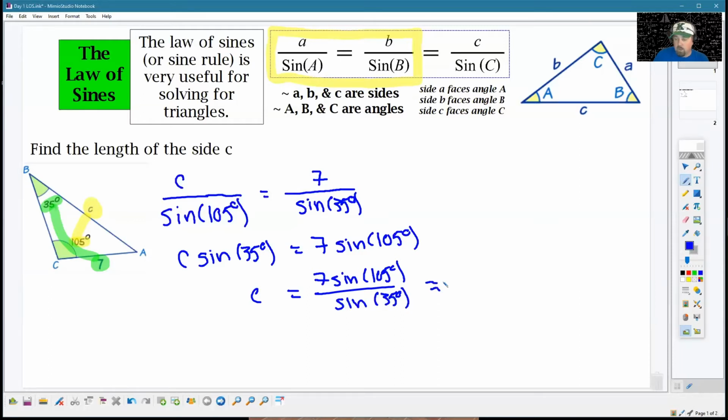And this will plug into our calculator. Whether you're using Desmos or your handheld calculator, you need to make sure your mode is in degrees. So 7 sine 105. Then we're going to divide that by the sine of 35. And we get, let's say we'll round to one place, 11.8. So that means that side should be about 11.8.